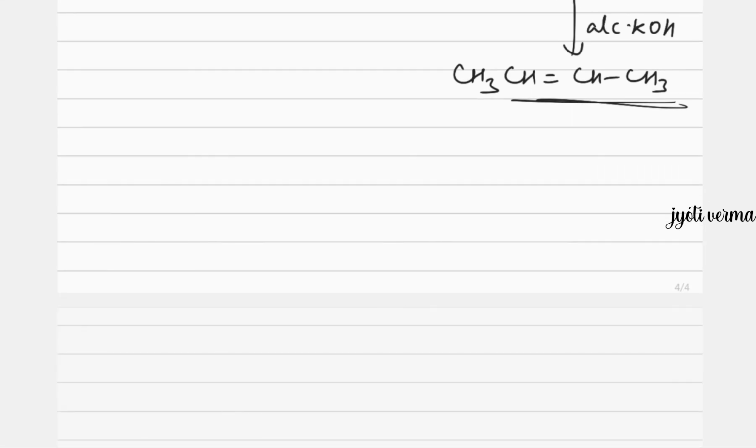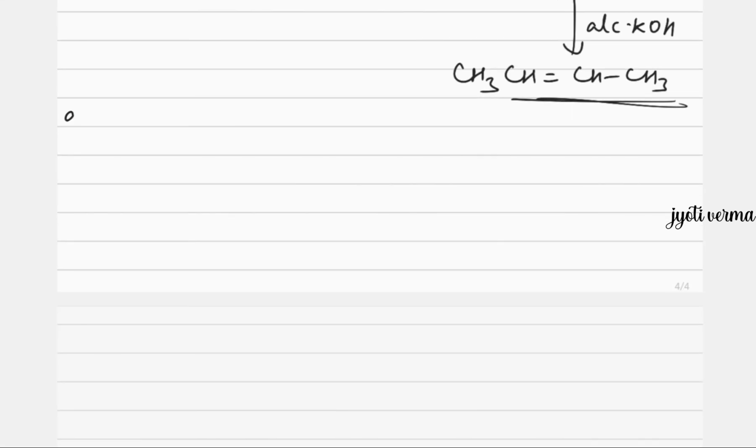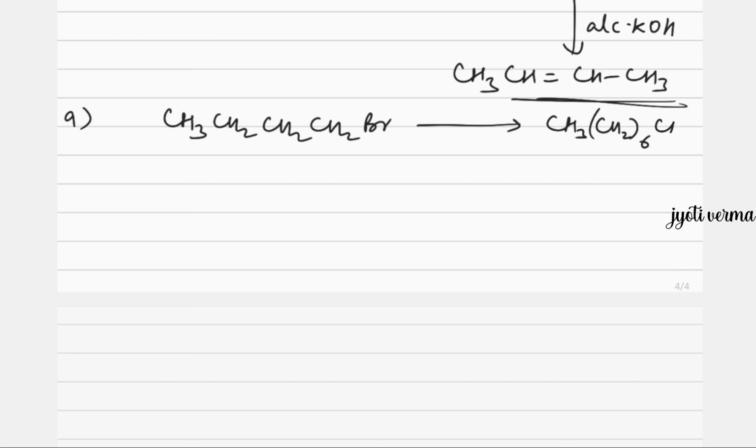Now moving to part 9: how will you convert 1-chlorobutane to n-octane, that is CH3CH2CH2CH2Br, to n-octane, that is CH3(CH2)6CH3. How will you convert? Here you can see we have 4 carbons and we are converting it to double the carbon atoms.